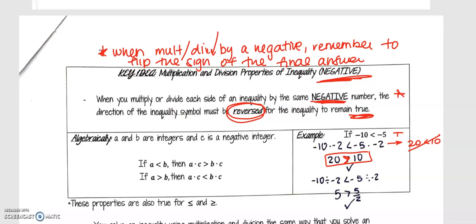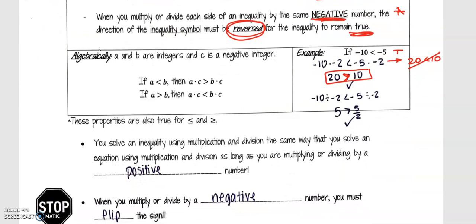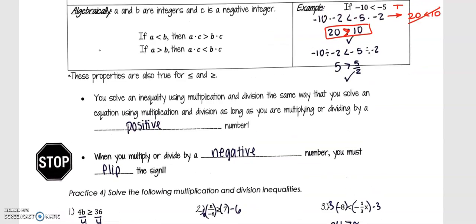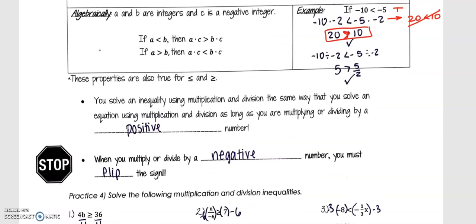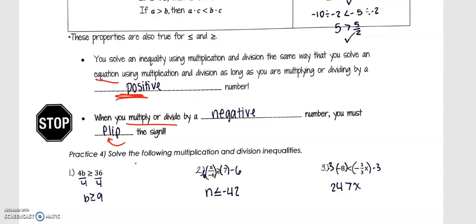And by sign, I obviously mean inequality. Okay, so let's check out some things to remember here. It says you solve an inequality using multiplication and division the same way you solve an equation, as long as you are multiplying or dividing by a positive number. So again, this is just reiterating, remember when you multiply or divide by a negative, you have to remember to flip the sign.